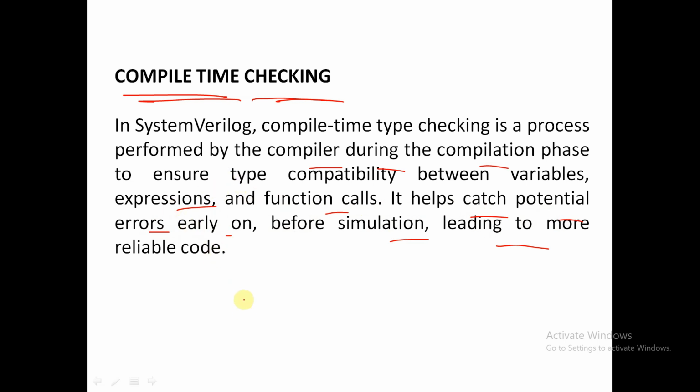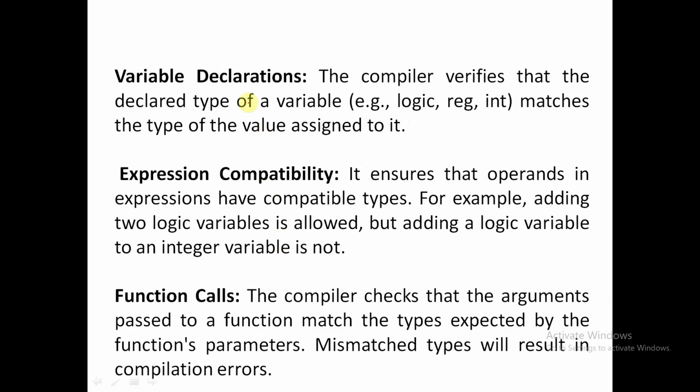So in SystemVerilog, during compile time, the simulator will check the type of the variables, expressions, and the compatibility of function calls. For example, in case of variable declarations, the compiler verifies that the declared type of a variable, for example logic, reg, or int, matches the type of the value assigned to it.